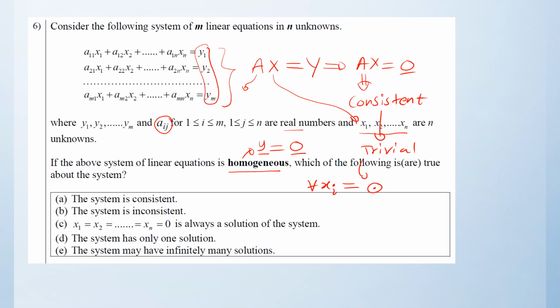So A is correct, since the system is consistent when we have any homogeneous system. Then B will be incorrect, since the trivial solution becomes a solution for the homogeneous system. C will be again correct, since all the variables equal to 0 is always a solution, that is known as the trivial solution.